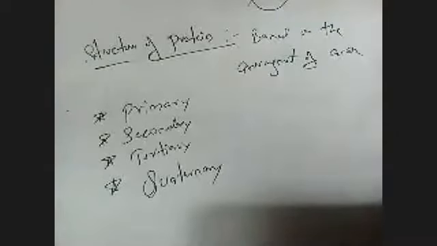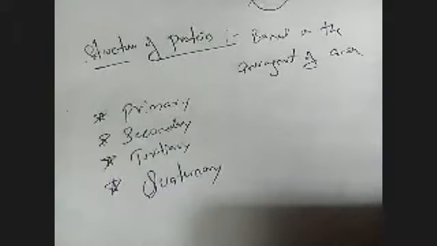So we have four types of protein classification based on the structure: primary structure, secondary structure, tertiary structure, and quaternary structure. So let us see one by one. What do you mean by primary structure?